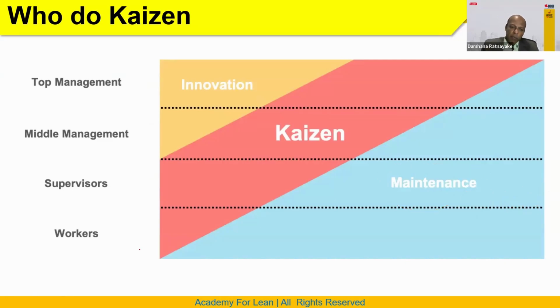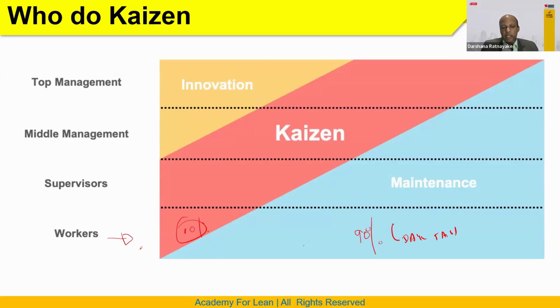Now, let's say the team member level. We'll start from the bottom. In the team member level, you will see the blue color. Around 90% of his job comes under maintenance, the daily task. And you will see around 10% of his job comes under Kaizen. Kaizen means improvement.